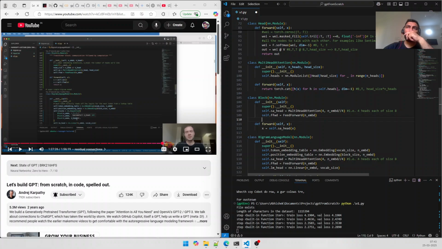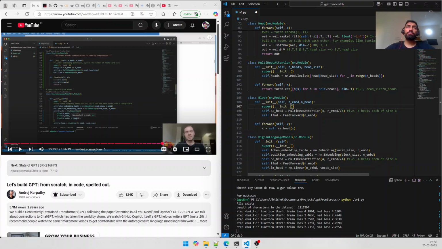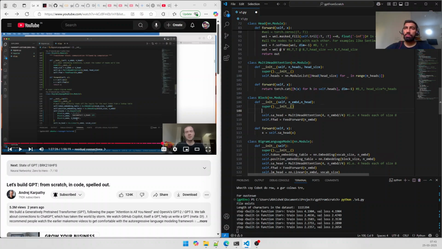So each block will have an embedding and a head count, and here we need to initialize the head size as the embedding divided by the number of heads so that at the end we get size 32.